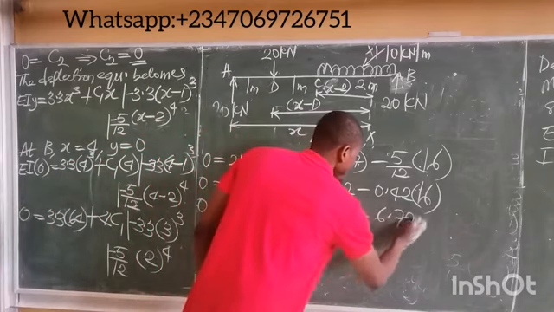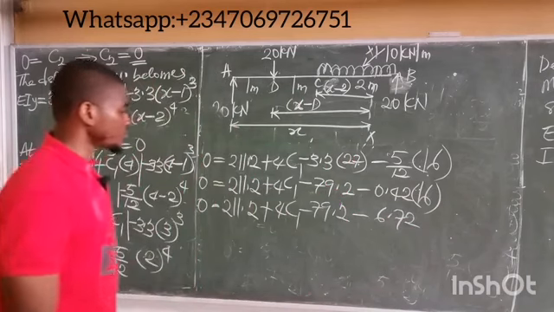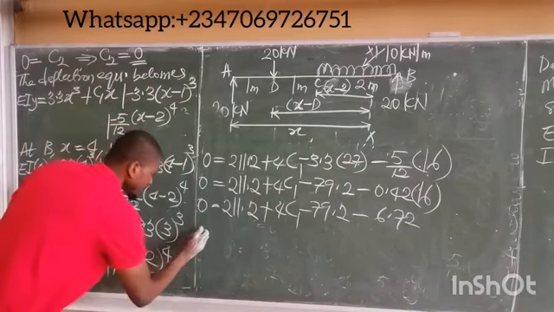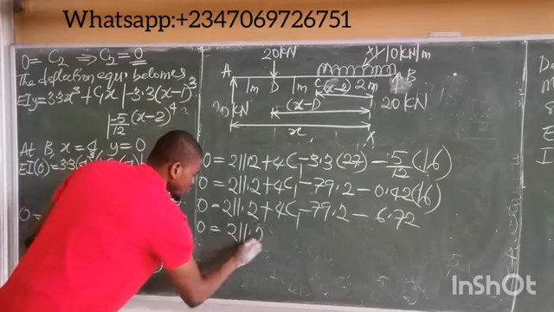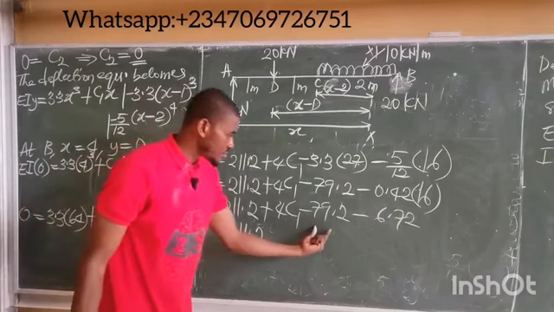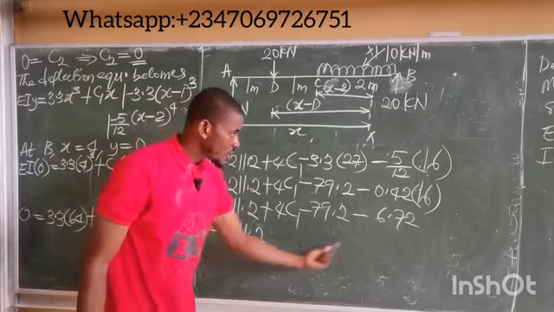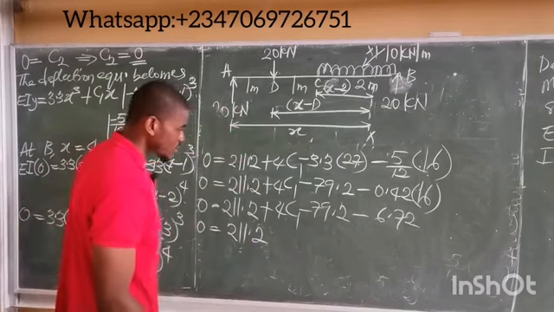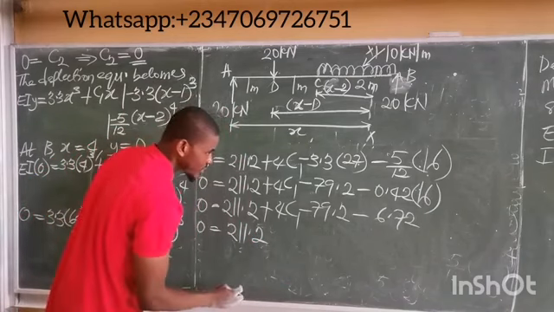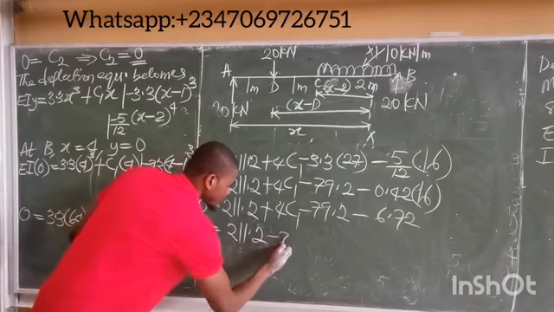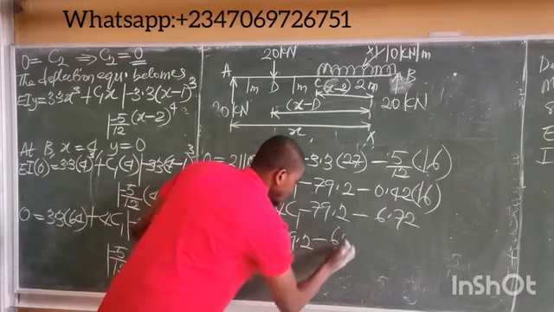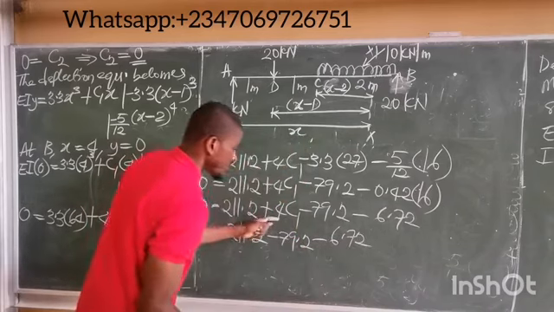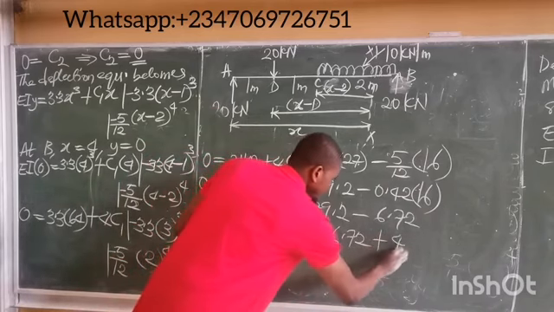That gives 6.72. At this point, all we need to do is collect like terms. So 0 is now equal to 211.2 minus 79.2 minus 6.72 plus 4C1.